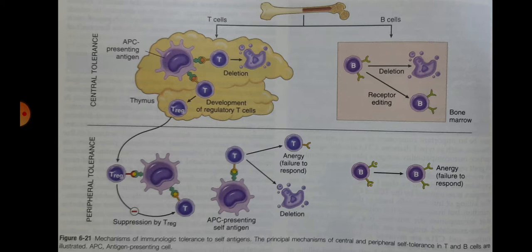FAS ligand, FASL, a membrane protein that is structurally homologous to the cytokine TNF, is expressed mainly on activated T lymphocytes. The engagement of FAS by FASL induces apoptosis of activated T cells.